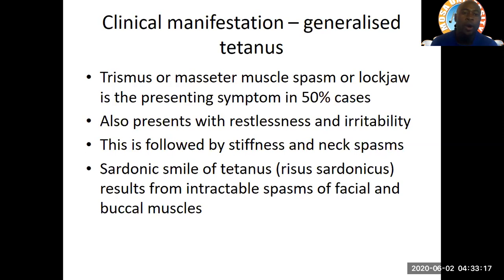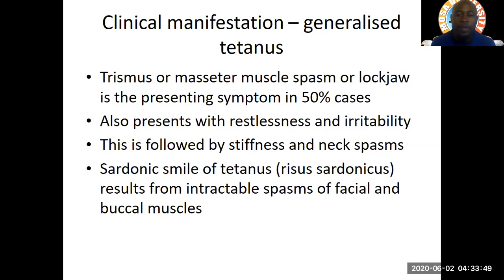Okay, so we call it trismus or muscle spasm or lockjaw presentation. So sometimes generalized tetanus can be a lockjaw or a trismus, but mostly the lockjaw is the presenting symptom. In about 50% of cases, between the trismus and the lockjaw, they all present with irritability, and this baby will be restless.